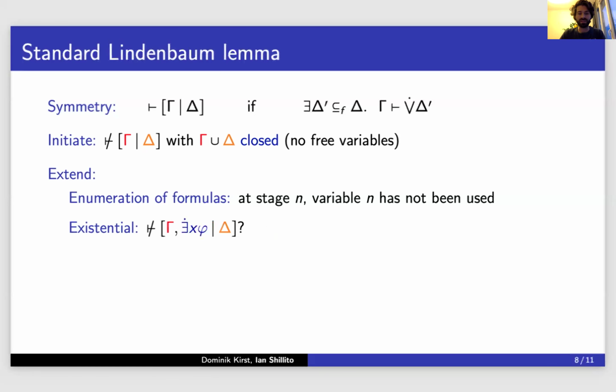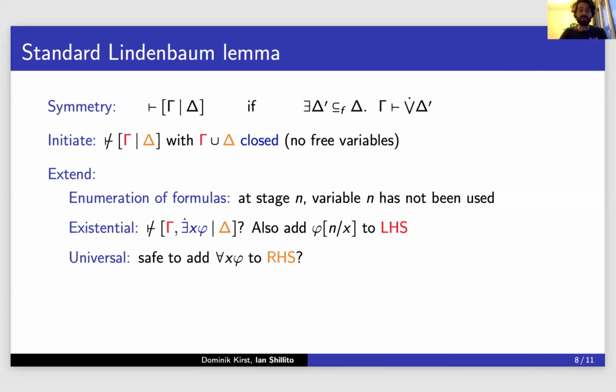What we really ask is, do we still have that by adding the existential formula on the left, we haven't broken the non-provability of the pair? And if that's the case, then we need to find a witness for the existential formula, right? And so, quite luckily, at this stage n, remember, the variable n hasn't been used yet, so we can rather safely add phi of n to the left-hand side as well. And so we do witness the existential.